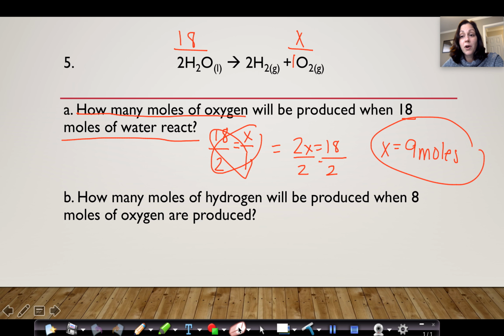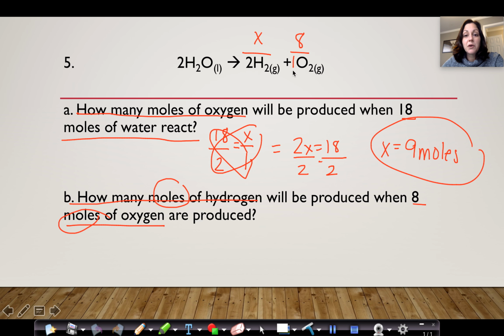Then there's another problem for the same balanced equation, so I'm just going to erase my numbers up on top. You could certainly just put a line through it; I just want to keep this neat for the video. It says how many moles of hydrogen, which means I put an X over where hydrogen is all by itself, will be produced when 8 moles of oxygen are produced, which means I put an 8 up on top of where oxygen is by itself. Just remember that if it says how many moles, if this many moles, that's when we start to do this process.